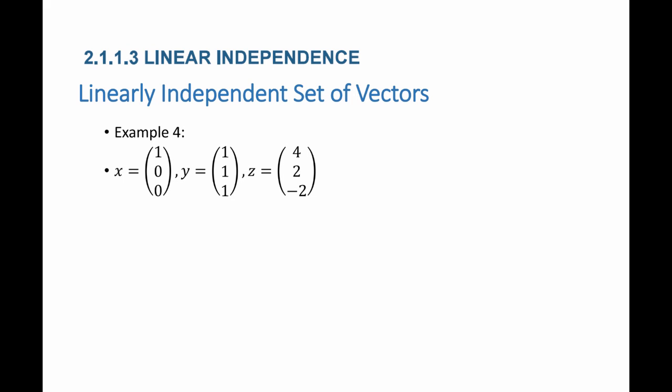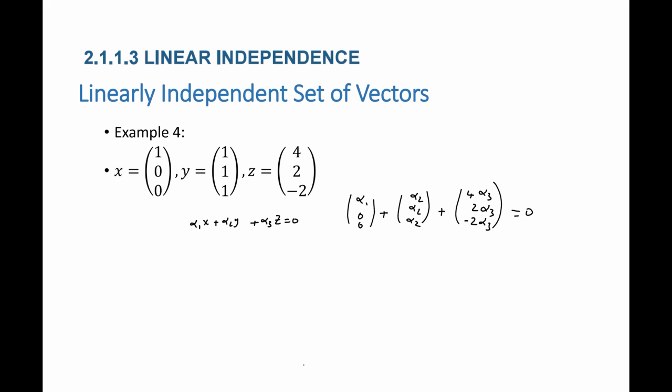In the last example, I have the 3 vectors x, y, and z. If I try to set alpha 1 x plus alpha 2 y plus alpha 3 z equal to 0, so I have (alpha 1, 0, 0) plus (alpha 2, alpha 2, alpha 2) plus (4 alpha 3, 2 alpha 3, 2 alpha 3) equal to 0.